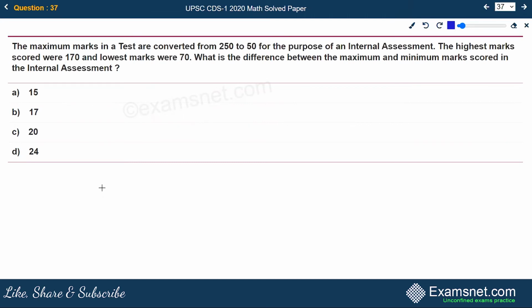So here, the maximum marks are converted from 250 to 50. When it was 250, the highest marks was 170.